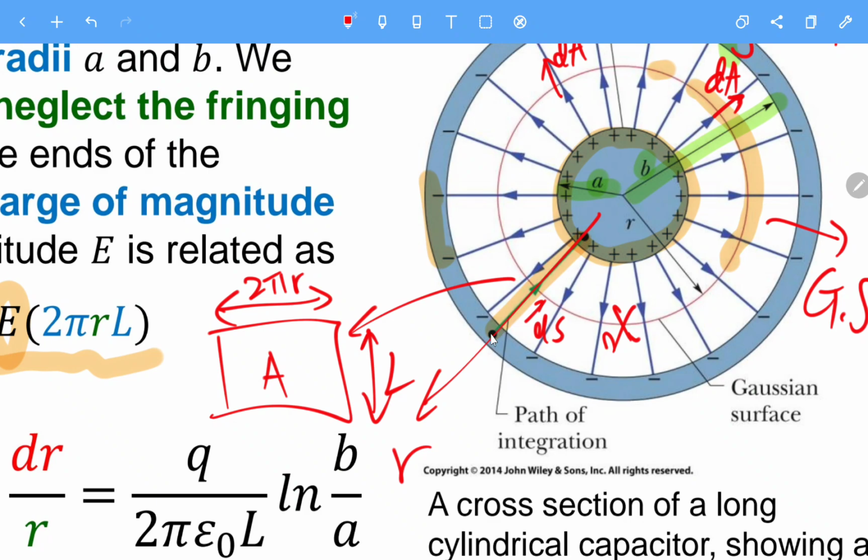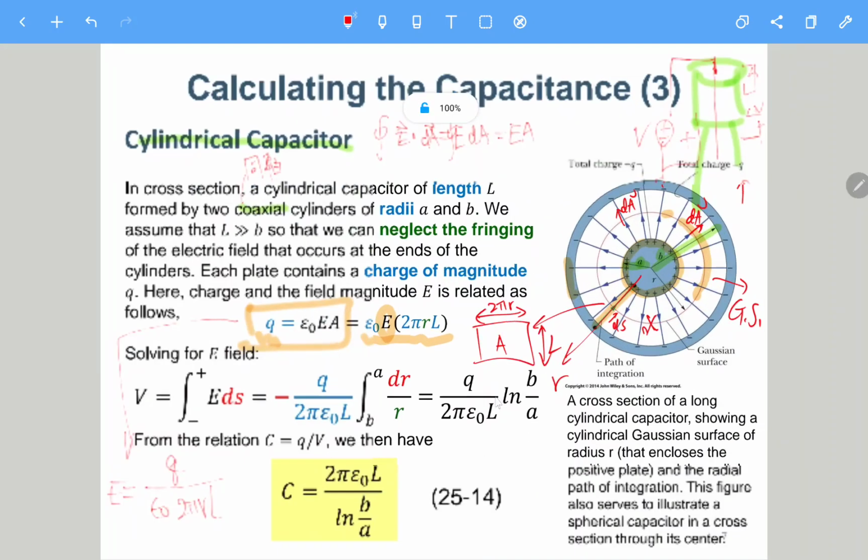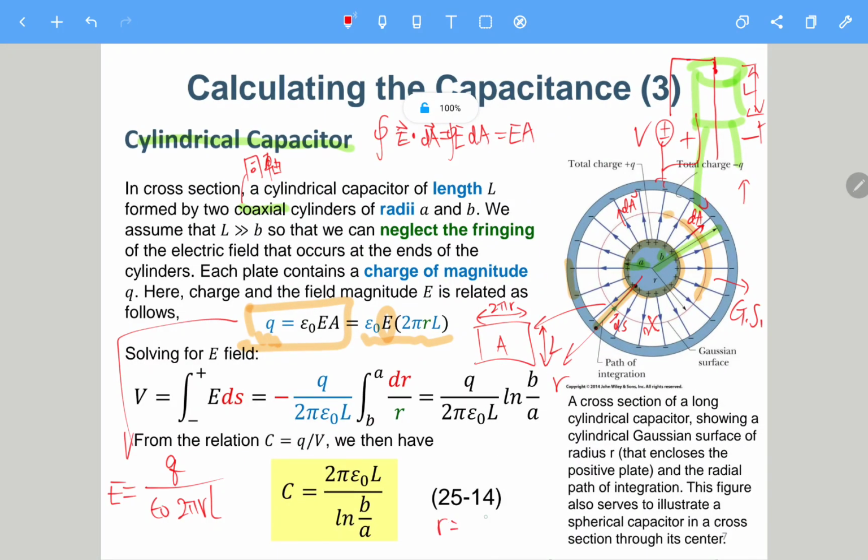So ds is from this direction to that direction, but our axis is from 0 to that direction, goes to infinity. So ds and dr point to opposite directions, which means that r equals negative s. So we have dr equals negative ds, just like a change of variable. So we have a negative sign there.